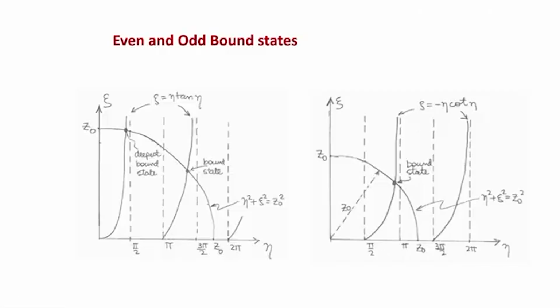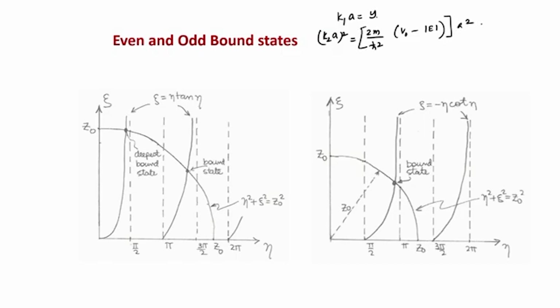So, a little bit of different language. Let me sort of give you that. If you say k 1 a is equal to y, then k 2 a whole square is equal to 2 m by h cross square into V naught minus mod of E, into a square.